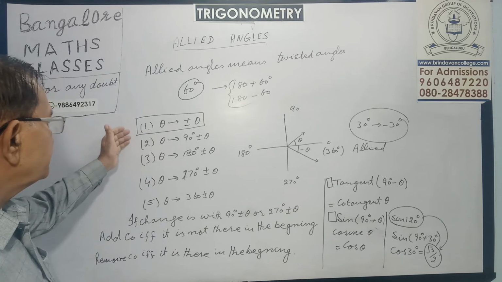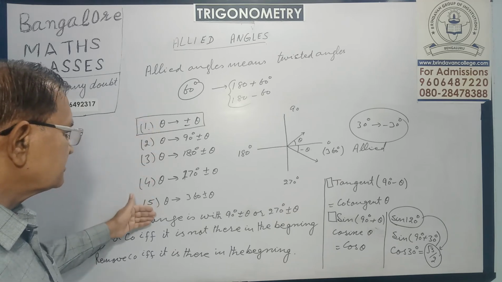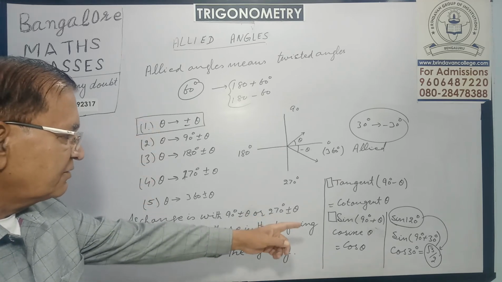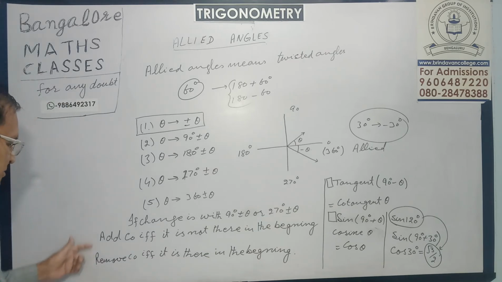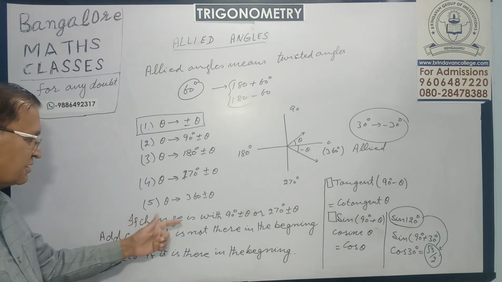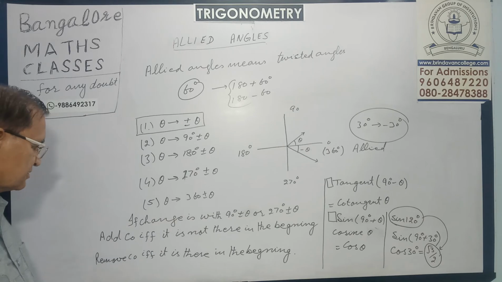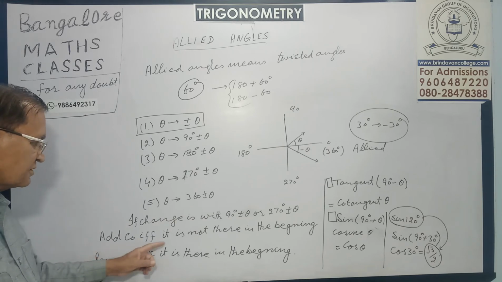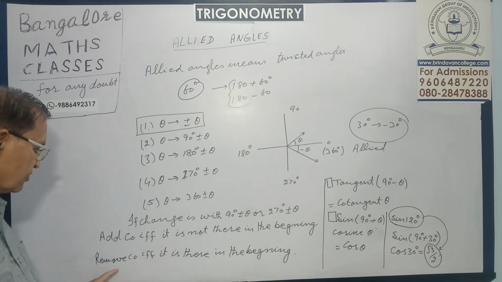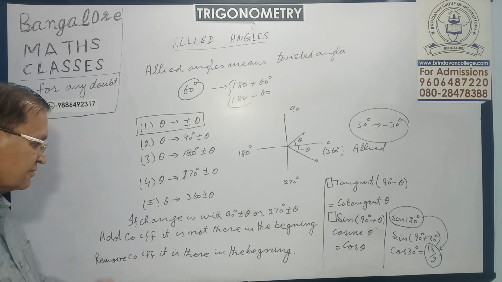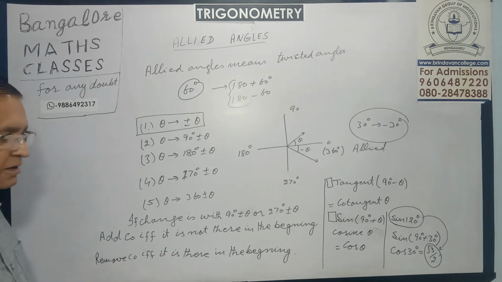Like that we can find the higher angles with the allied angles. So keep it in mind, these are the allied angles. One or two changes I have told you, and this line is very important. If the change is with 90 plus minus or 270 plus minus, add co if it is not there in the beginning, remove co if it is there in the beginning.